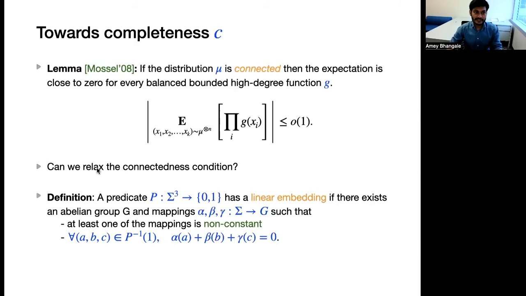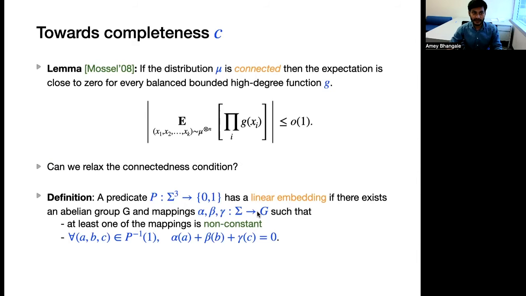Now, towards this, let's look at one condition such that if the predicate satisfies this condition, then the conclusion is false. And that will help us find the right property for which the conclusion holds.